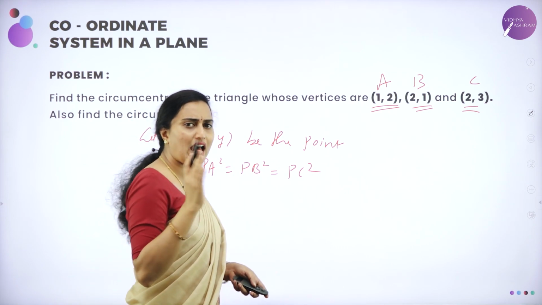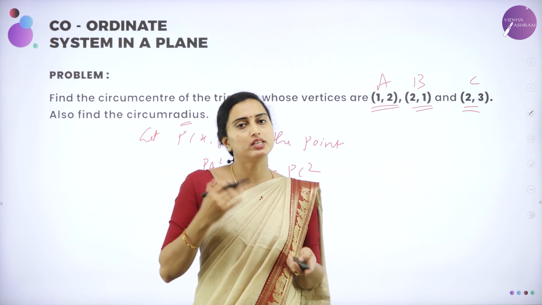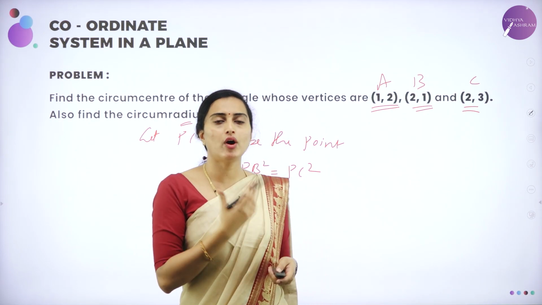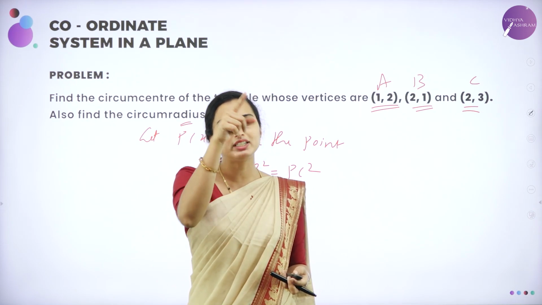Equate PA squared to PB squared and PA squared to PC squared. You are going to get the circumcenter. What is the radius? Radius is the same thing, the distance.